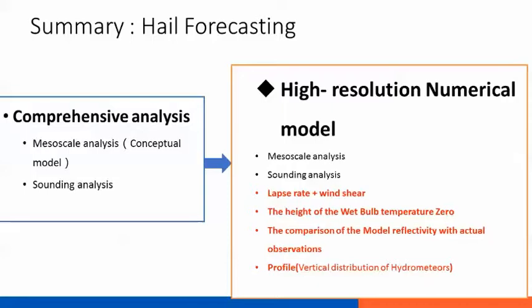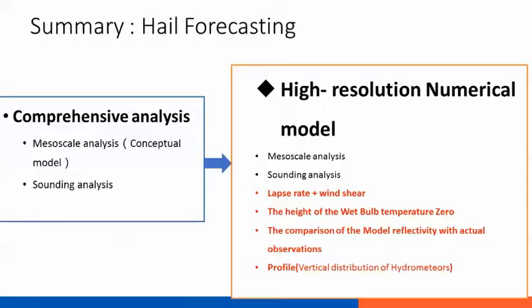The principles of hailstorms are as follows. Firstly, high lapse rate, high vertical wind shear, and a low level of the wet bulb temperature zero. When using the high-resolution numerical model, the important aspects you should use are as follows.